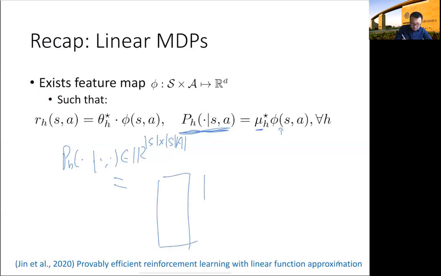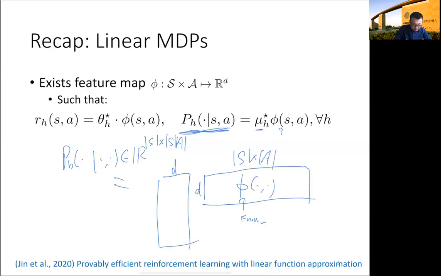This is your phi function, your feature map, which is assumed to be known, and the intrinsic rank is d. So this is essentially a low rank assumption on the transition kernel.